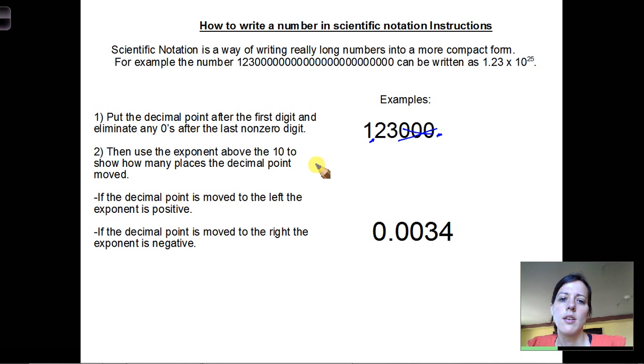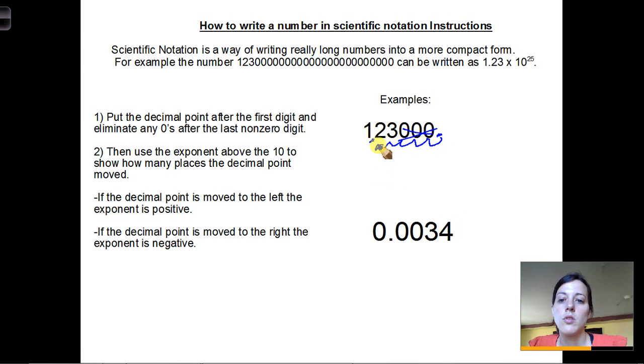Next rule, it says use the exponent above the 10, that's this guy right here, to show how many places the decimal spot moved. Alright, so let's count how many spots we moved the decimal spot. We moved it once, twice, 3 times, 4 times. We moved the decimal spot 5 times.